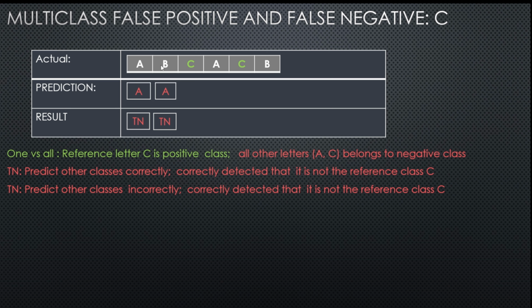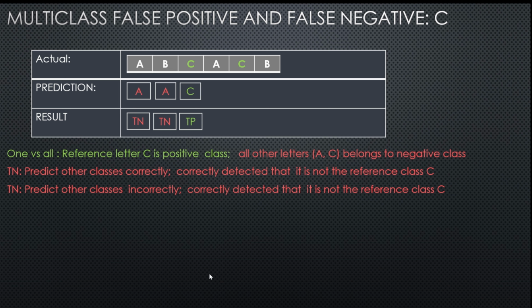Although it has not matched with the label, the way you should always identify it is that it has correctly identified that this class is not C in both places. In one place it predicted another class correctly, in another place it predicted another class incorrectly. But in both places what is correct is that C is not the prediction. Therefore both are true negatives. This is a subtle difference which you should keep in mind.